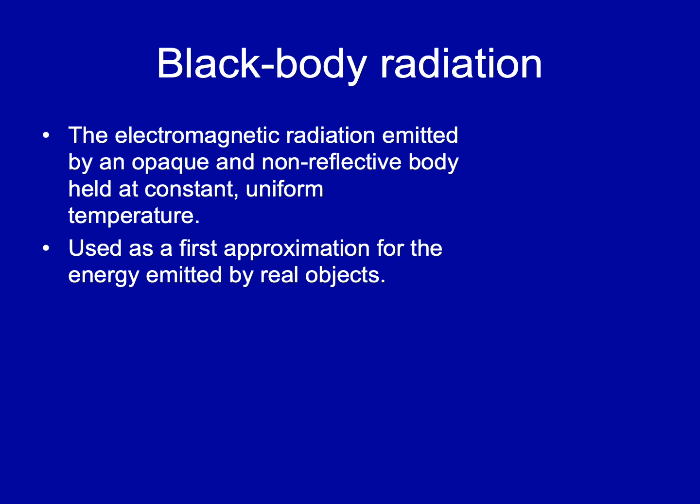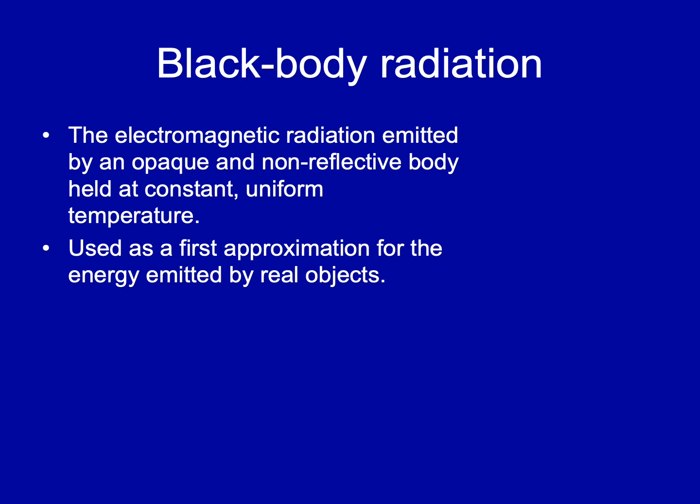A theoretical black body is an object that is both a perfect emitter of radiation and a perfect absorber of radiation, with no losses in the system. The energy emitted by these theoretical bodies is called black body radiation, and it can be used as an approximation of the energy emitted by real objects, such as the sun or trees or you and I. All objects emit radiation.